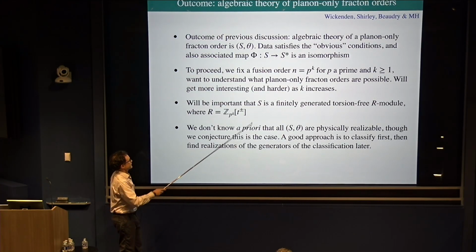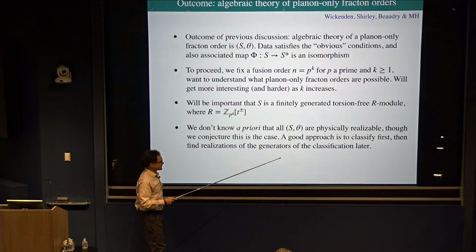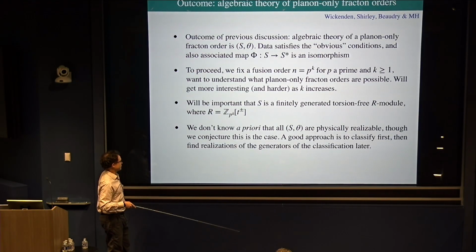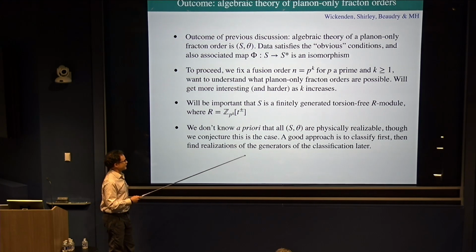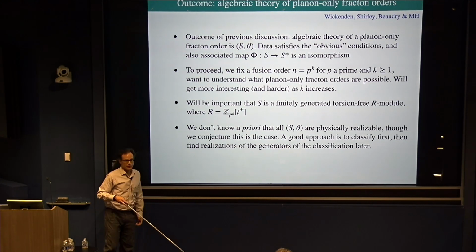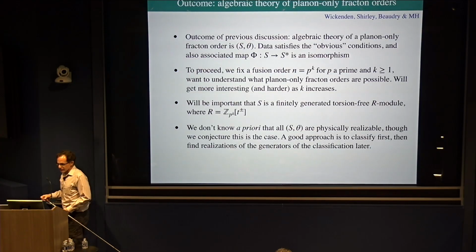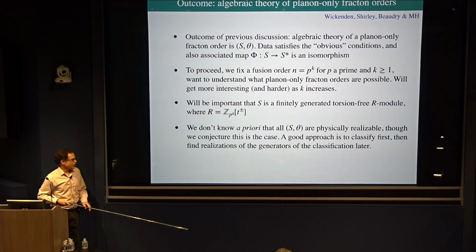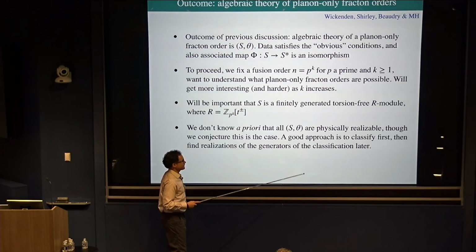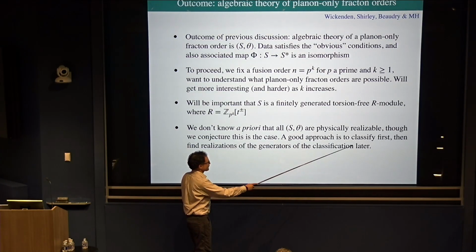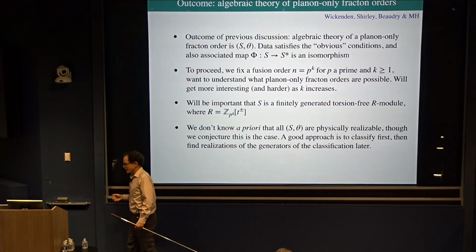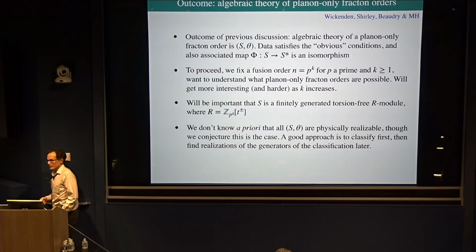As I said, this module S is a finitely generated torsion-free R module over this ring. That's an important property. An important comment to make is that we don't know for sure yet that all of our theories (S, theta) are actually physically realizable. I think this is true, but we don't know for sure. A good way to show this, since we're making progress with classification and getting nice results, is to classify first, find some generator of your classification, and then just check that your generators are realizable.